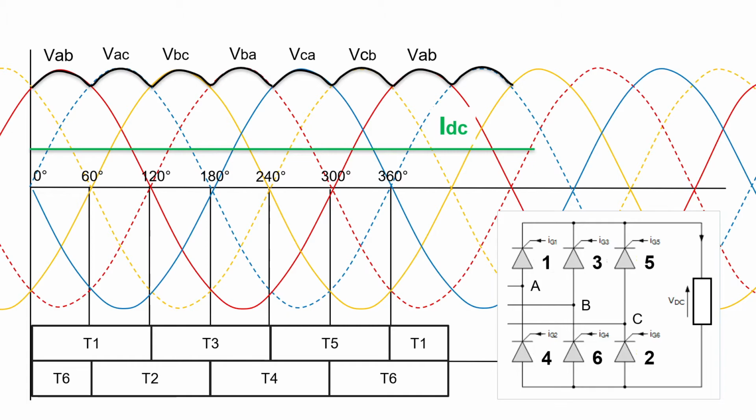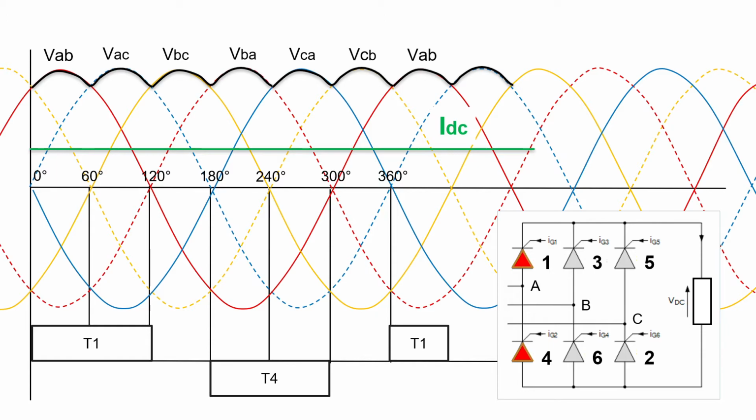When constant current IDC flows into the load, let us see how the source current will look through the A phase when it conducts through thyristors 1 and 4. Thyristors 1 and 4 are only on for the A phase. So the waveform looks like this.